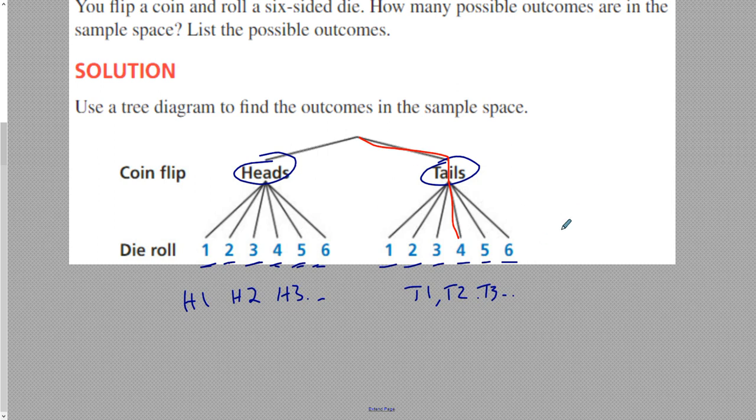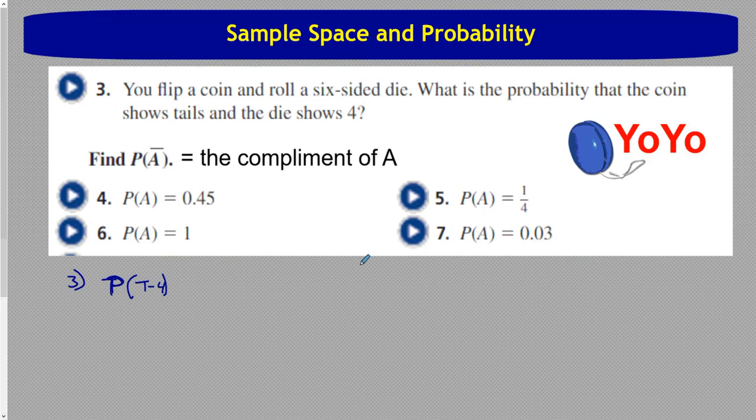There are how many total? 12. And how many are favorable? How many do we want? Just 1. So our probability is just 1 out of 12. So 1 divided by 12 is 0.083 repeating. So 8 1/3%.